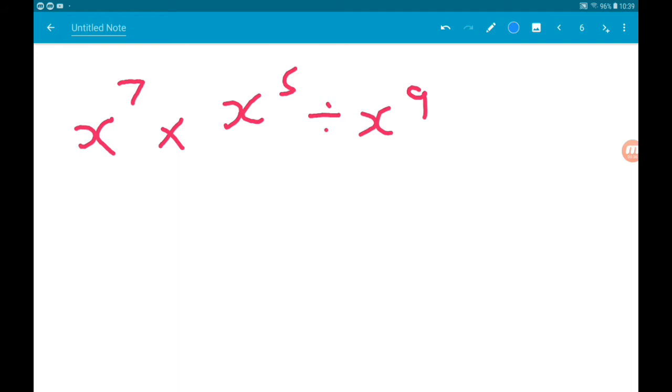So, remember from BIDMAS, division and multiplication happen at the same time, so we can just work left to right. So, we could first of all combine x to the 7 times x to the 5, so that's x to the 12.